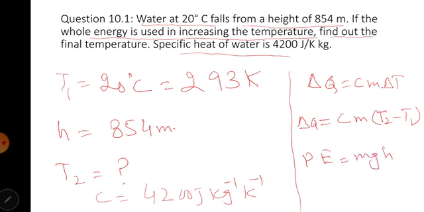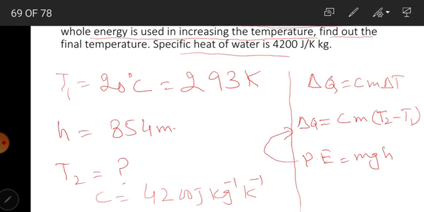mgh. As we know that del Q is equal to Cm del T, when water falls from a certain height, its potential energy will be changed into kinetic energy and then will be converted into heat energy. Therefore, we will consider potential energy. Now this energy is converted into del Q. So I will erase this one and write again.